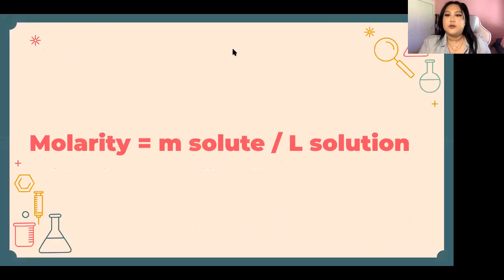Okay, so we are going over molarity now. Just a refresher, molarity equals M of solute and L of solution. So what does this M mean? Because it's different from the M from the specific heat. It's actually mole.